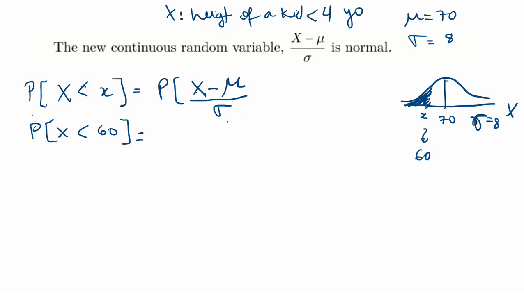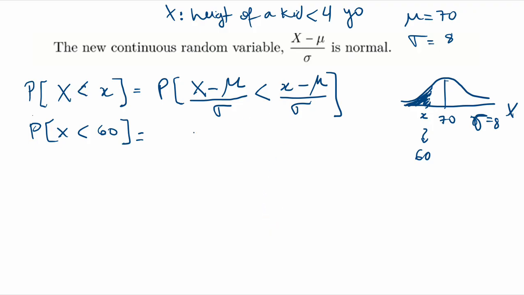This is the standard normal, and I'll show you why. And if I do this operation on the left-hand side of x, I should do it on the right-hand side so that I don't change the inequality.